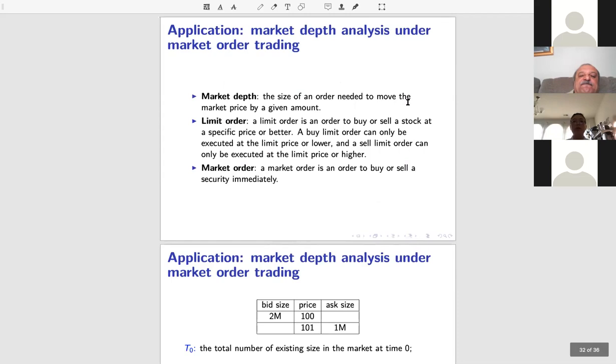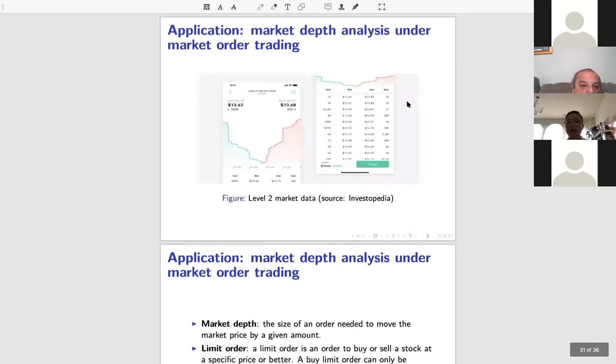So in the market, we have different types of orders. A limit order is an order to buy or sell stock at a specific price or better. If we go back to our data, orders that are listed in level 2 market data are limit orders, because these are orders where the target price is specified.